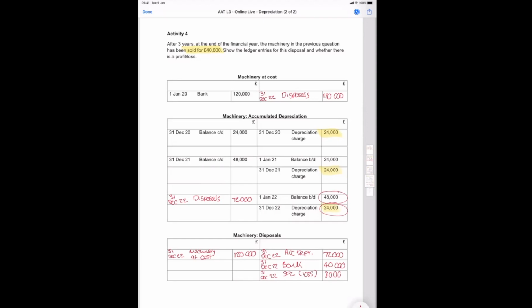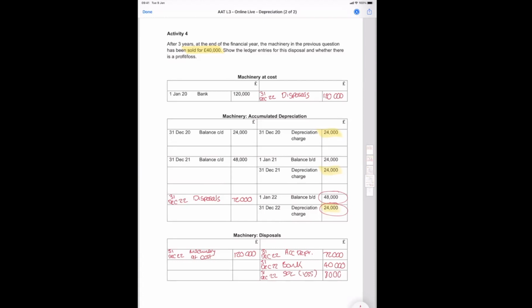Okay. If we've sold this asset for 40,000, but we've still made a loss, we can assume that that 40,000 is how much it was valued at the time. What that actually means is, although we've made a loss, we actually haven't charged ourselves enough depreciation each year, which would have affected our previous year's profit or loss figure.